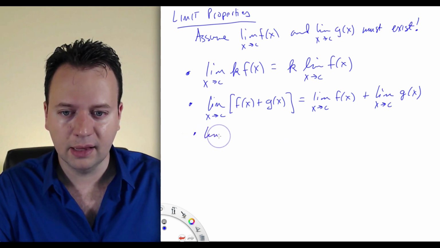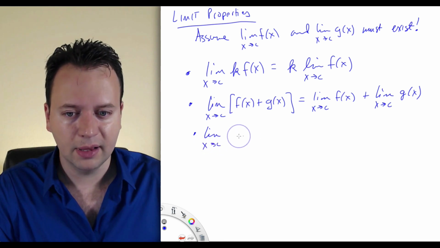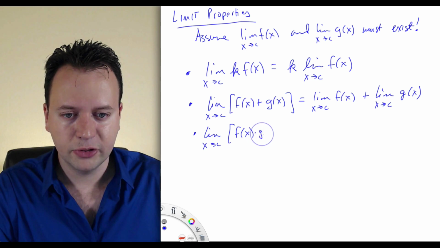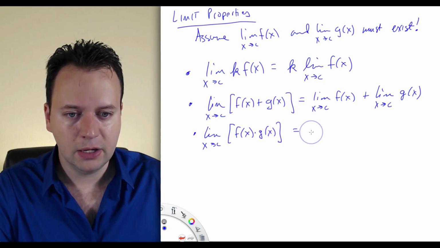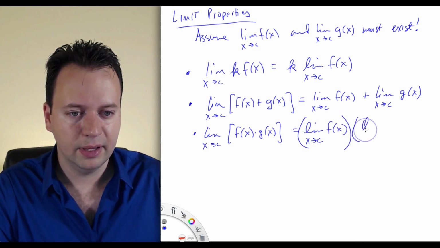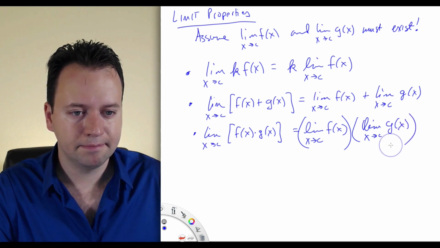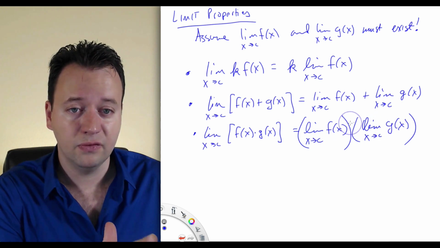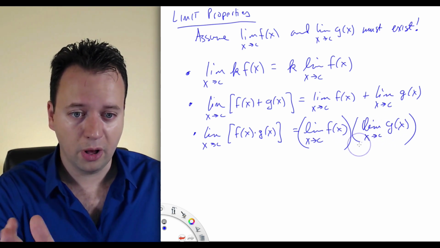And then the limit as x approaches c of f of x times g of x is equal to the limit as x approaches c of f of x times the limit as x approaches c of g of x. And again, this only works if the two limits individually both are well behaved.